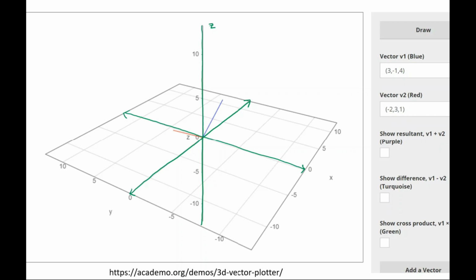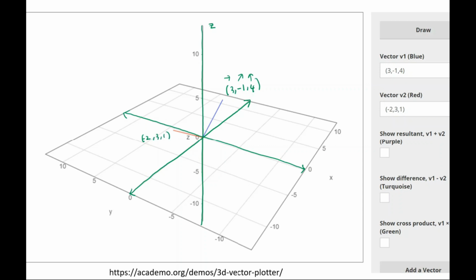The blue line is our first vector, 3, negative 1 and 4. 3 on x is positive, that's why on the right side, and then negative 1 at the back, and then 4 upward. For example, vector 2, we have negative 2, 3 and 1.